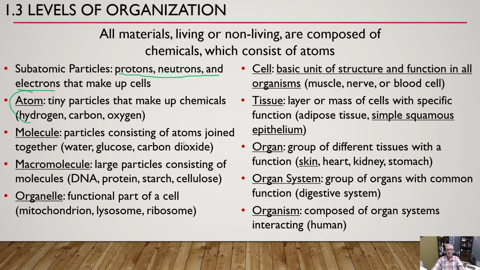Glucose is C6H12O6, which you don't need to know right now. We'll discuss glucose in a subsequent chapter. So it's C6, 6 atoms of carbon, H12, 12 atoms of hydrogen, O6, 6 atoms of oxygen.